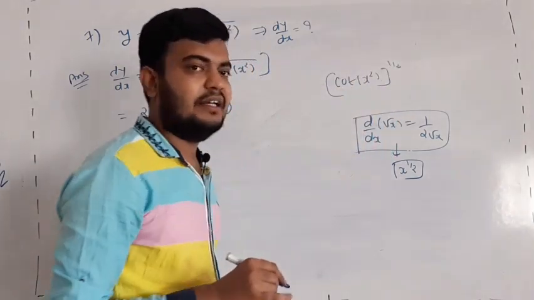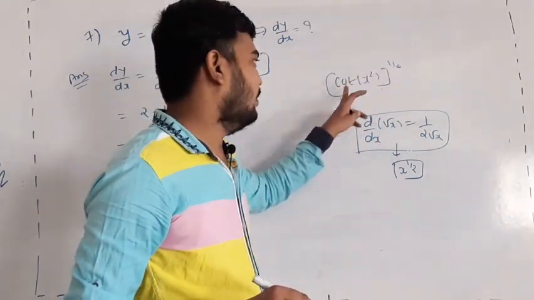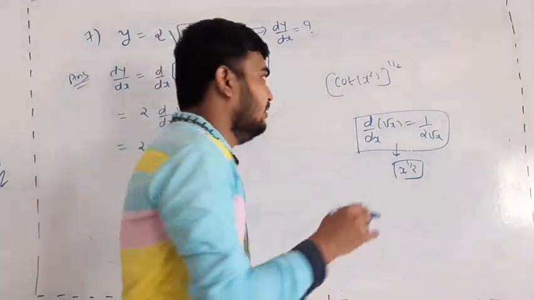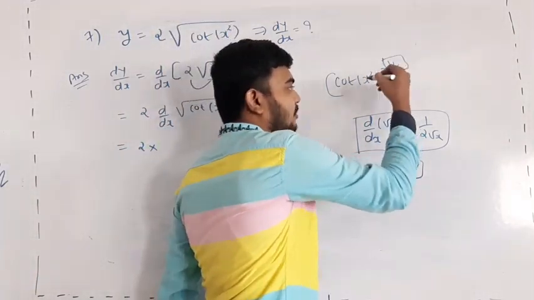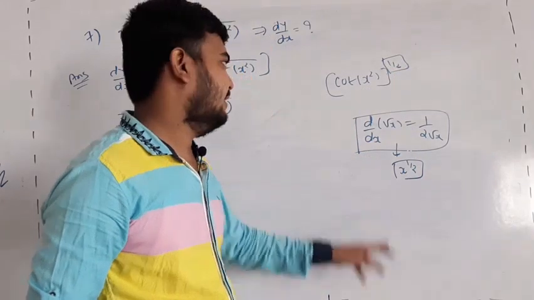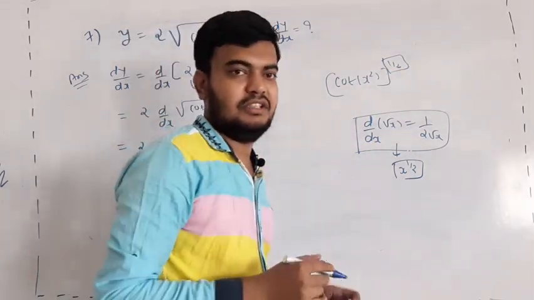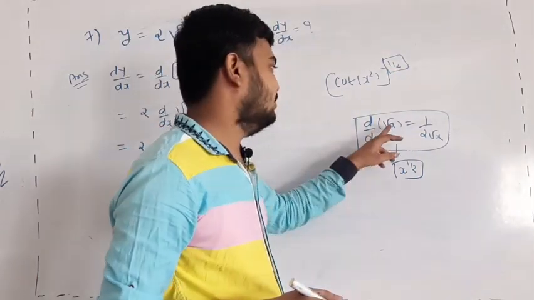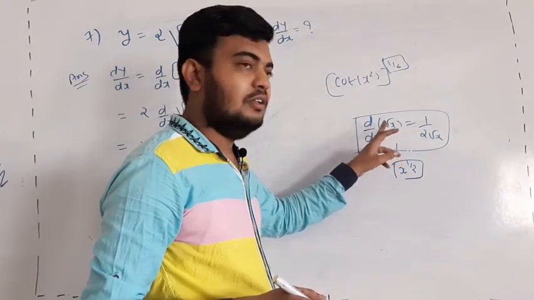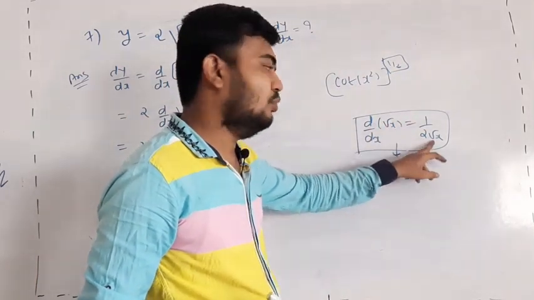So we know that if there is a power on the outermost function, then first we take the differentiation of the power, and after that the differentiation of the outermost function. If the power is root, then the differentiation of that power is 1 upon 2 root function.